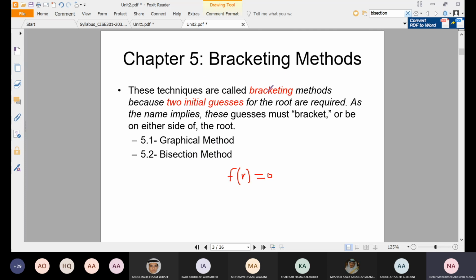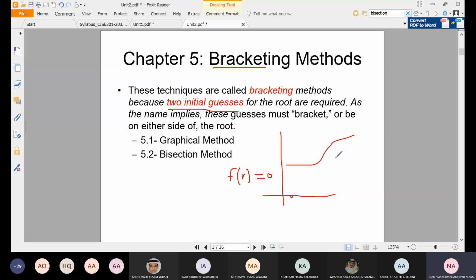During this topic, we will study two types of methods. The bracketing method: usually we start from two initial guesses of the root. So, for example, if I have a figure like this one, a function like this one, in these bracketing methods we start from initial guesses.